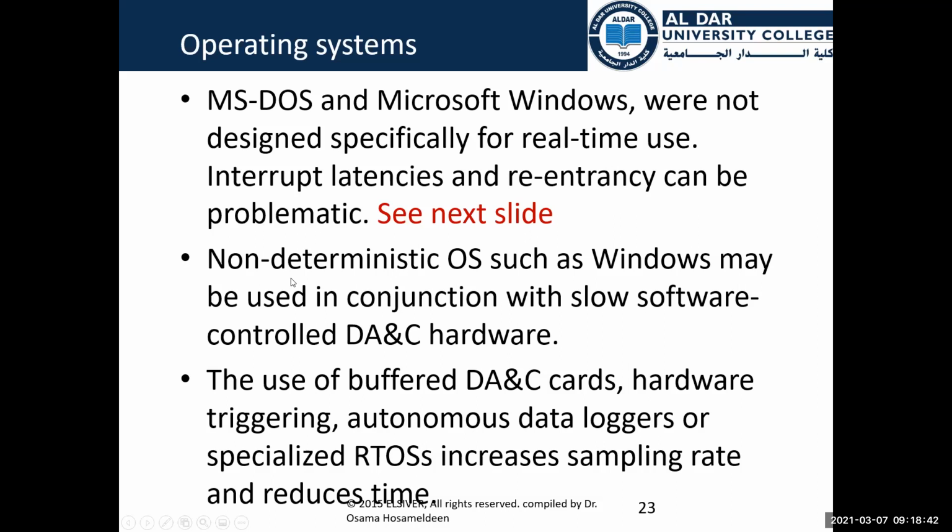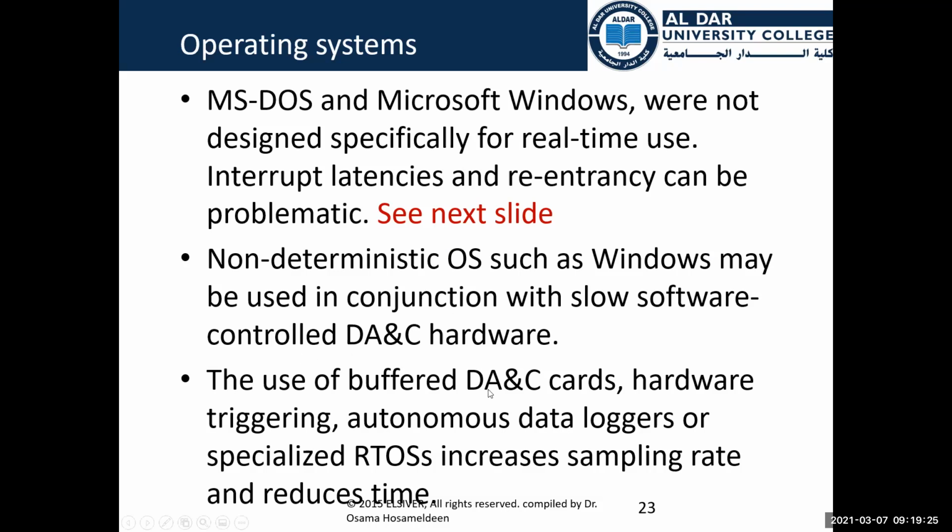Those kinds of operating systems are non-deterministic. This means they cannot predict the latency time, the time needed to reply to an interrupt, or the time needed to switch between tasks. This is not deterministic. You cannot guess this time using operating systems like Windows and DOS. Why? Because they are not designed for real-time interaction with the physical world. They are designed for multitasking and multiple users.